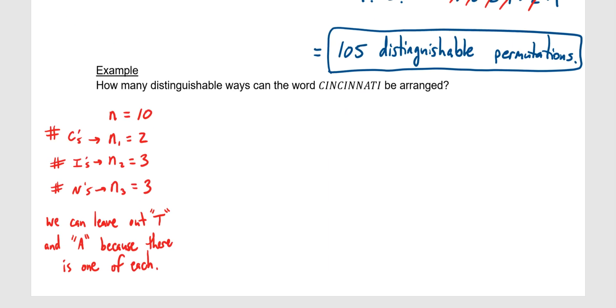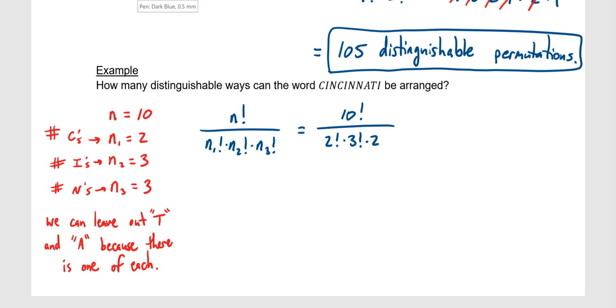So let's go ahead and set this up. It's going to be n factorial divided by n sub 1 factorial times n sub 2 factorial times n sub 3 factorial. So this one has 3 different n's in the denominator also. It doesn't always have to be 3. So that's going to be 10 factorial divided by 2 factorial times 3 factorial times 3 factorial.